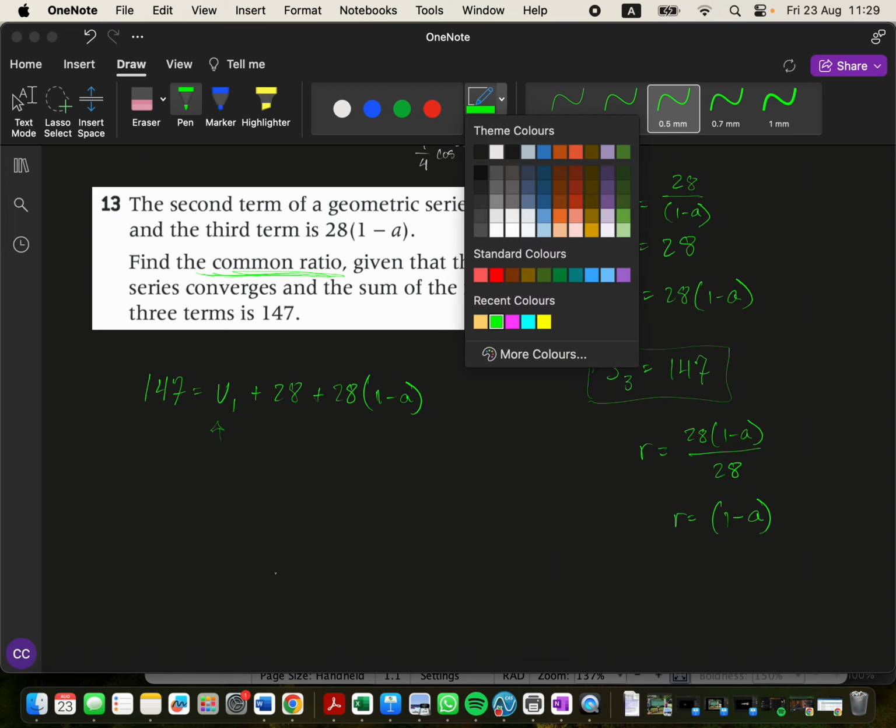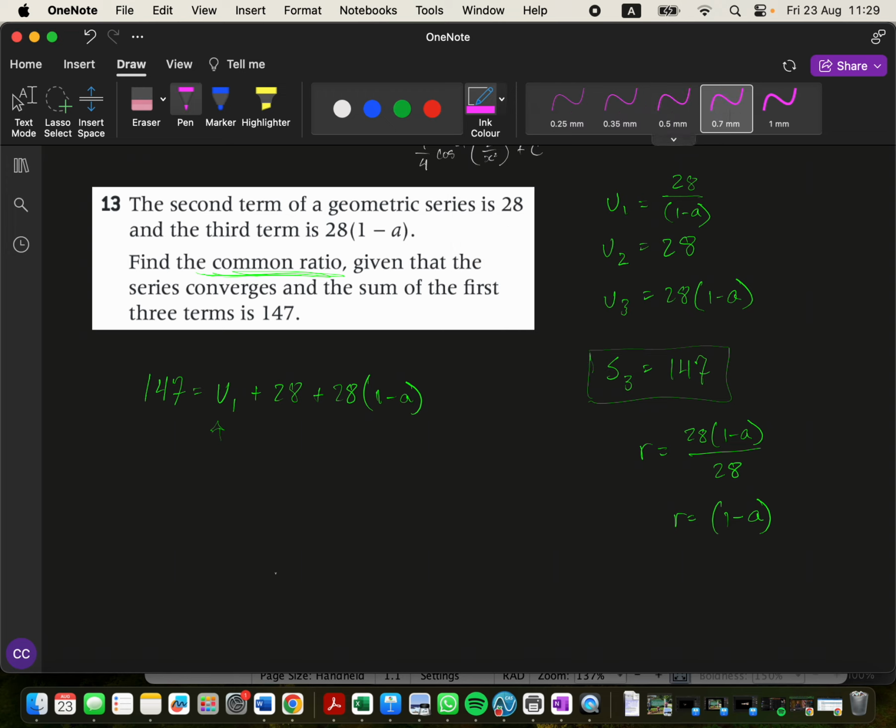So from that, as we put this all together, I'm just going to switch this up a little bit. I end up with 28 over 1 minus A plus 28 plus, I'm going to expand this as I go. So I'm going to do this as 28 minus 28A's. Okay?